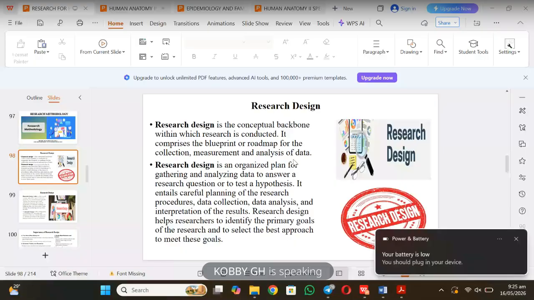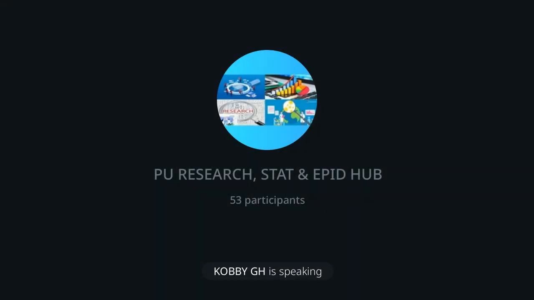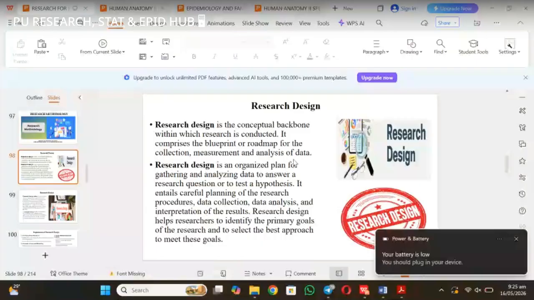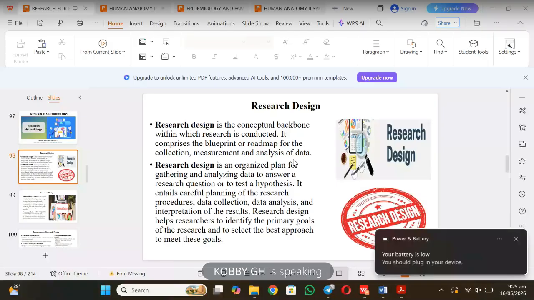All that means is that the research you are doing, you intend to conduct and finish in a period of, let's say, a month. Ideally, it should have been something like a day. But practically, that is not possible.